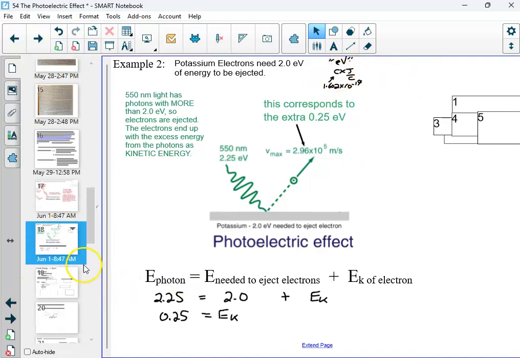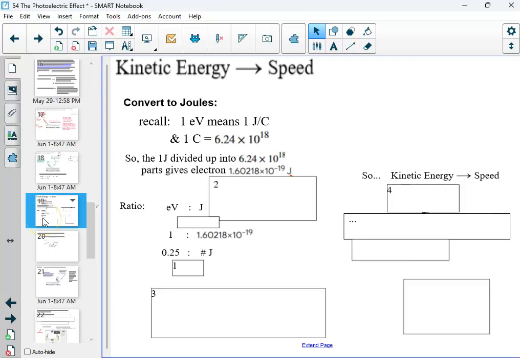I'll talk about the electron volt stuff in this slide here. We're going to convert that 0.25 electron volts to joules. I talked yesterday about how I'm going to show this in a little more detail. So here it is. The biggest thing that should be obvious to you is that 1 electron volt means 1 joule per coulomb. It's what a volt is defined as. And so that breaks down to a certain amount of energy per electron.